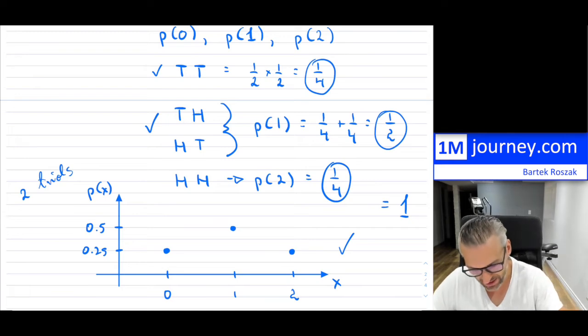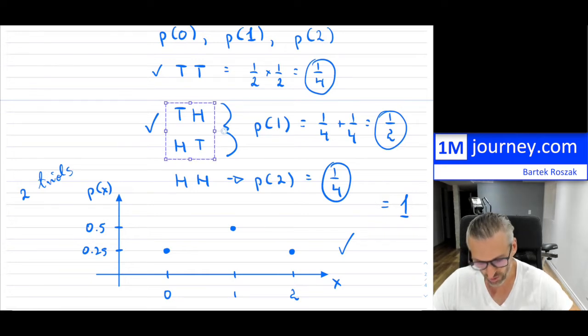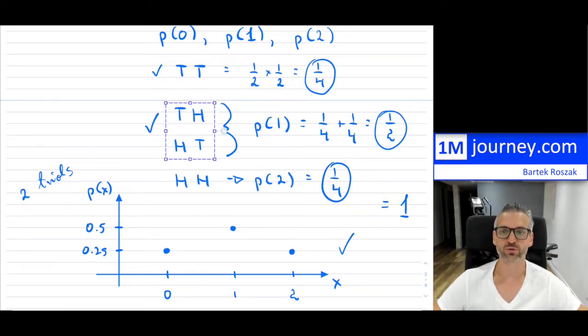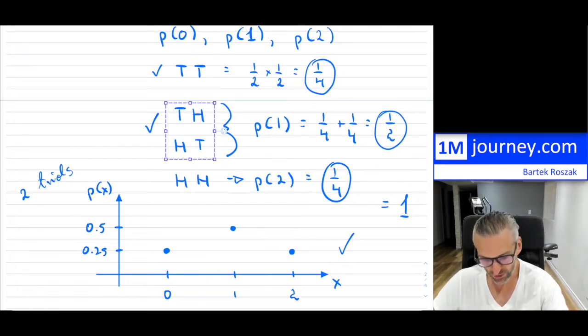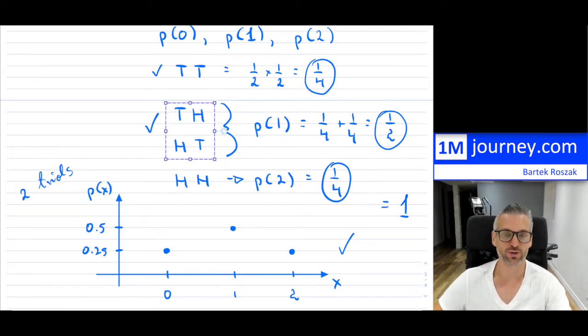But, for instance, if I take the probability of 1 success, we know that this comes in 2 different ways: either you get a tails and a heads, or you have a heads and a tails. Those are 2 possible outcomes that you would have. But within here, you can use your combinations, so you're counting.